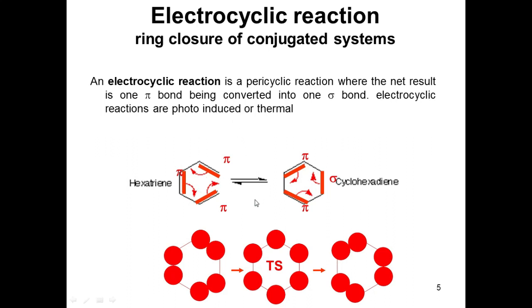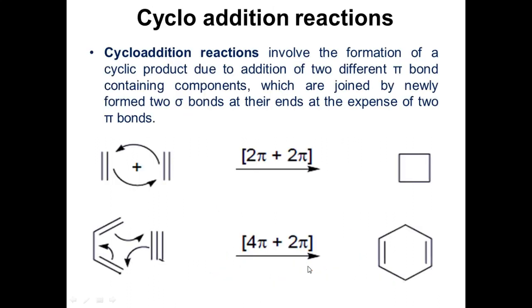You see the heterotrienes reacting through the pi bonds. In this electrocyclic reaction a cyclohexadiene is formed, through a transition state, and then the reaction follows.